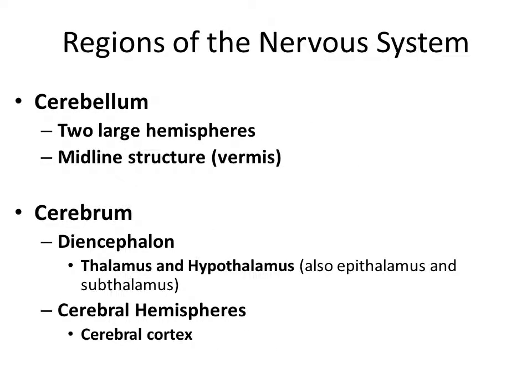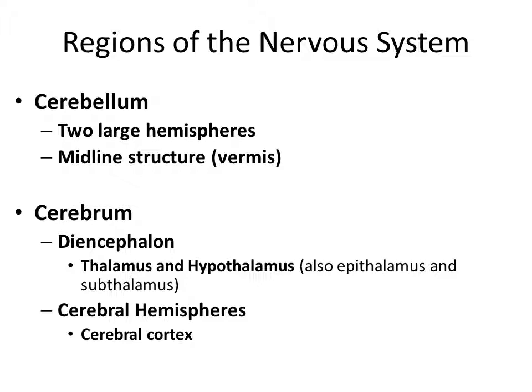Our final two regions of the nervous system are the cerebellum and the cerebrum. The cerebellum, also known as the little brain, sits dorsal to the brainstem. It is connected to the brainstem by white matter tracts, or groups of axons that are traveling to and from the cerebellum, and these would be the cerebellar peduncles.